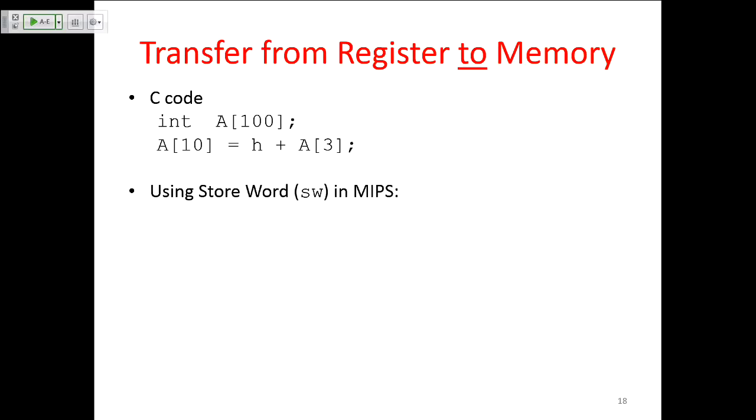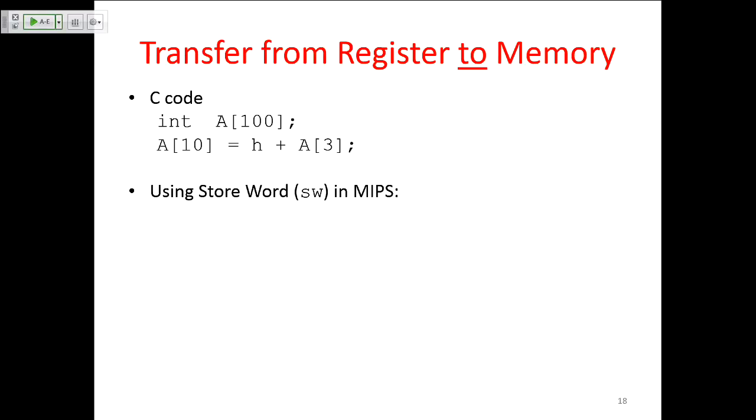So, can anybody tell me what offset am I going to use to store to A of 10? Hmm? 80? Why? So the one answer is 80. Why 80?